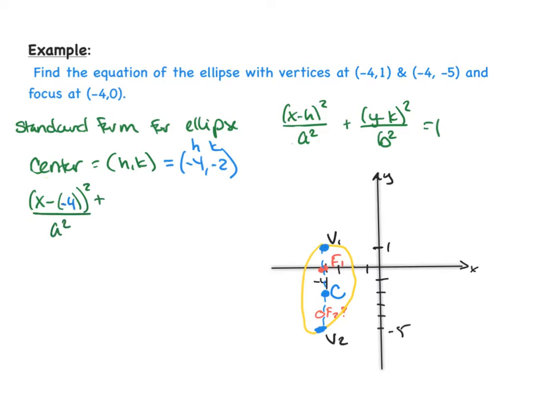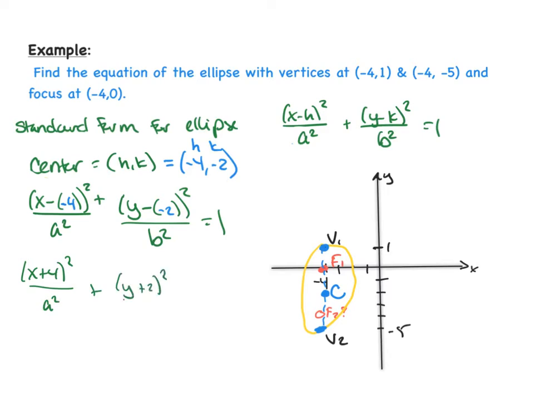There we go. And then y minus -2 all squared over b squared equals 1. So that will give us x plus 4 squared over a squared and y plus 2 squared over b squared equals 1.